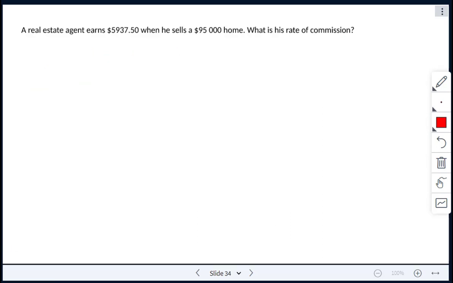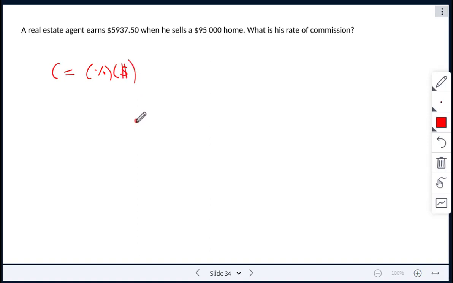So for this one, a real estate agent earns $5,937.50 when he sells a $95,000 home. What is his rate of commission? So we'll use our formula. C equals the percent times the dollar amount.